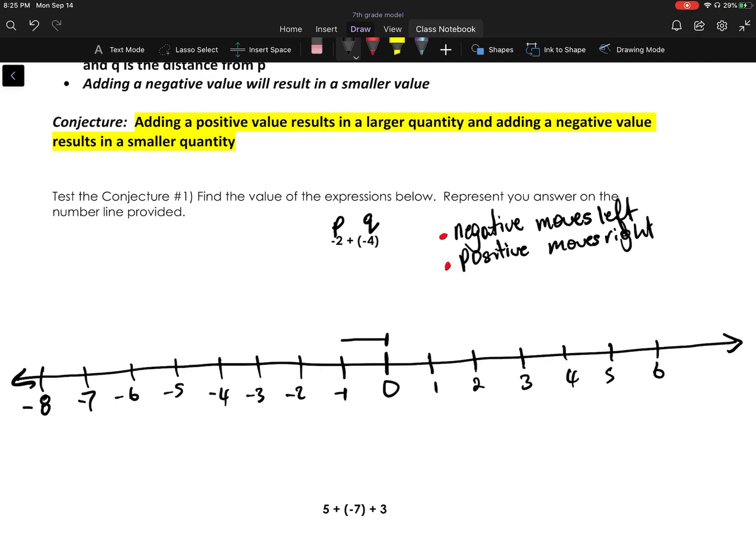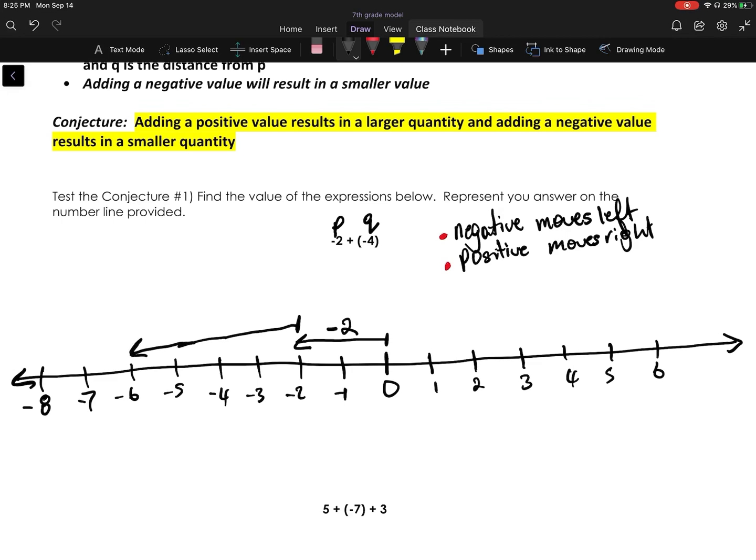So you're going all the way over to -2. -2, that's the initial value, P. And then Q is from that initial value of -2, we're going 4 units. Look, it's -4 units left. So from there, we're going 4 units left. So 1 to -3, 2, 3, 4 units left.